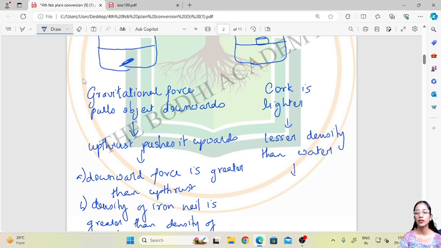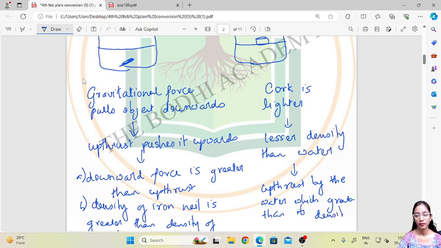So what happens? It experiences an upthrust by the water which is greater than its weight. So the cork floats on water.